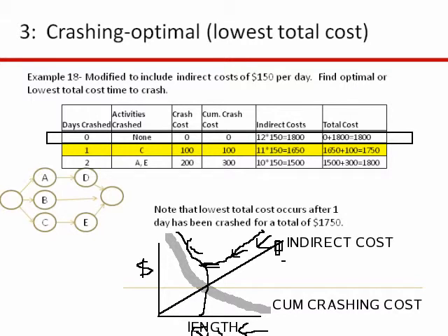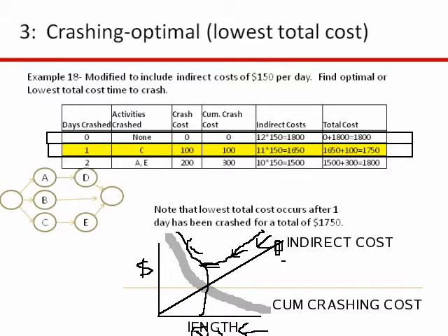So if we want to take 1 day off, again, we know that CE is our critical path at 12 weeks. So if we take the cheapest activity, which is C, it's going to cost us $100. Our cumulative costs with crashes are $100.